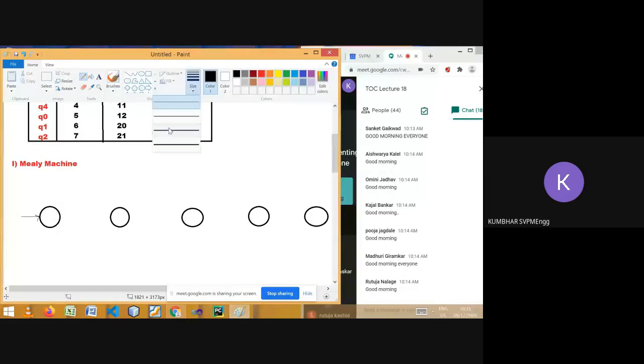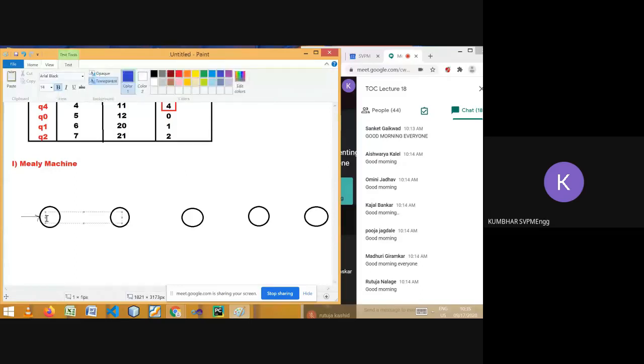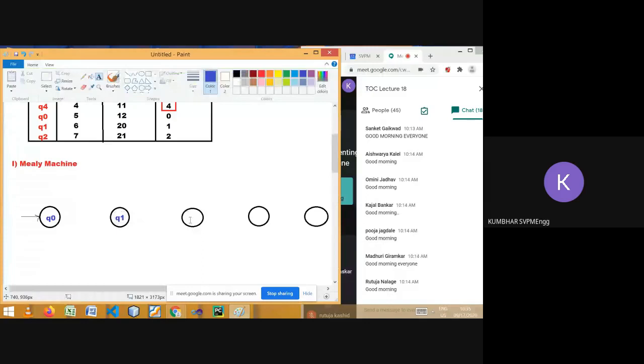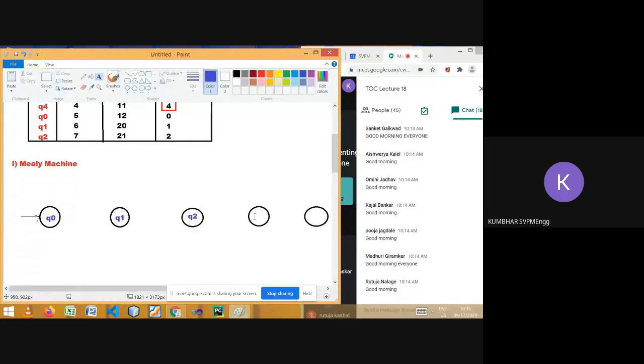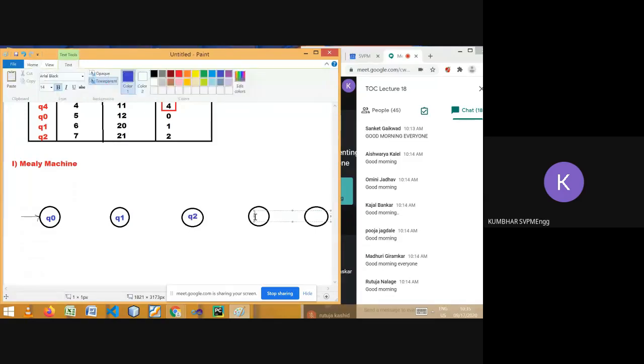Let me show the transitions, and the remaining transitions we will together try to find. This is the initial state. Let me write the labels for this state. Let's say this is Q0. Remember that we are tracing this: Q0 means 0 remainder state, Q1 means 1 remainder state, Q2 means 2, Q3 means 3. I hope you will remember this because that is the heart of the solution for this problem.